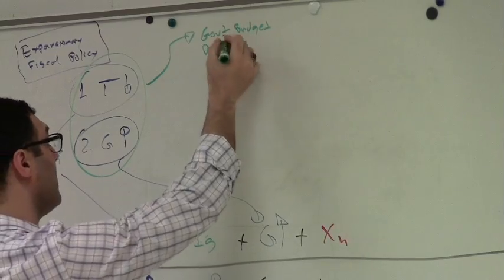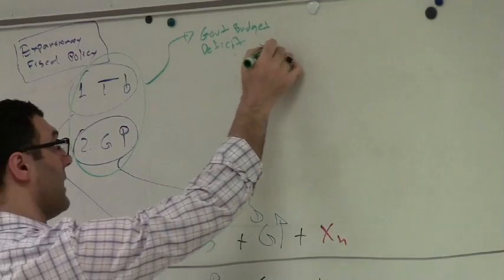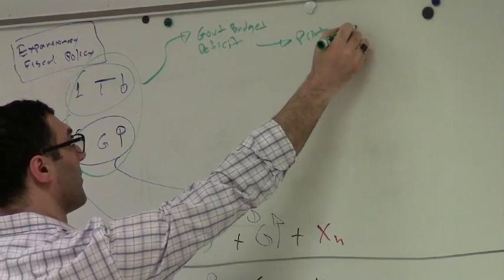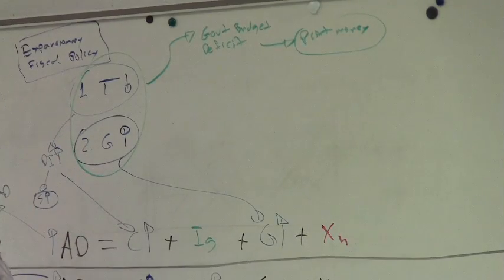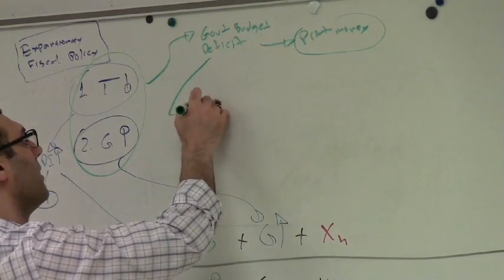Now there's two things they can do to plug up the deficit. They can print money, which we're going to leave dangling here because we're going to connect it back to the money market later on. Or the federal government is going to borrow money.